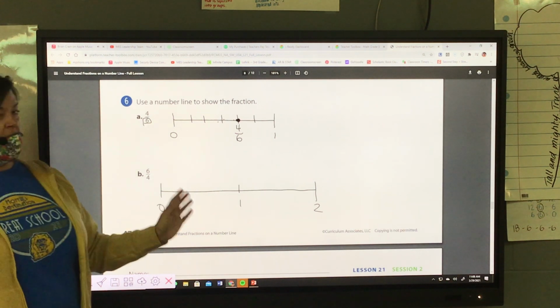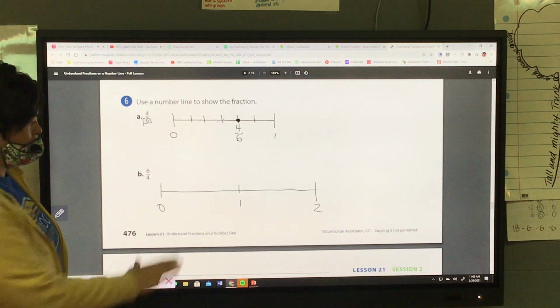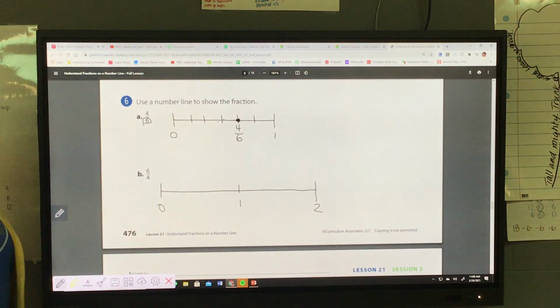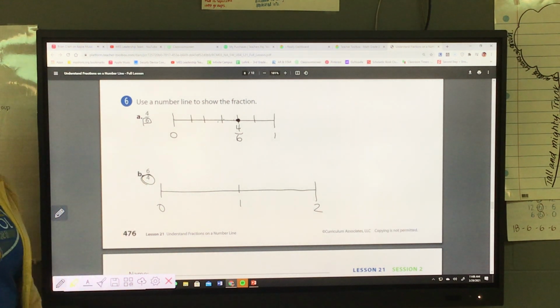How many equal parts are in each one of these wholes? From 0 to 1, how many equal parts? 4. What does our denominator tell us? 4.